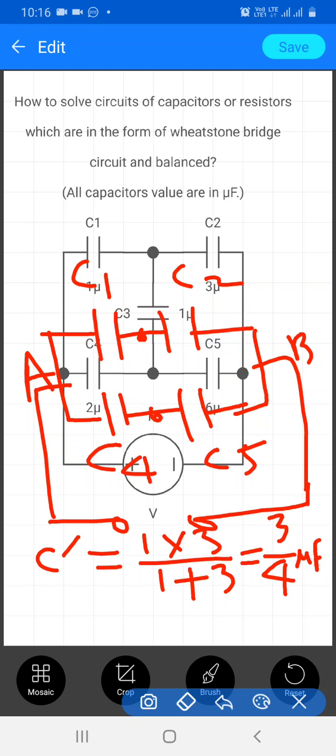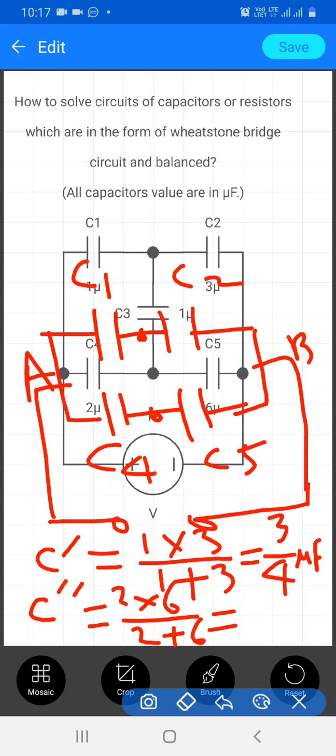Likewise, the total capacitance of C4 and C5 also in series, C double dash will be equal to C4 C5 upon C4 plus C5, that is 2 into 6 upon 2 plus 6, equal to 12 upon 8, that is 3 upon 2 microfarad.